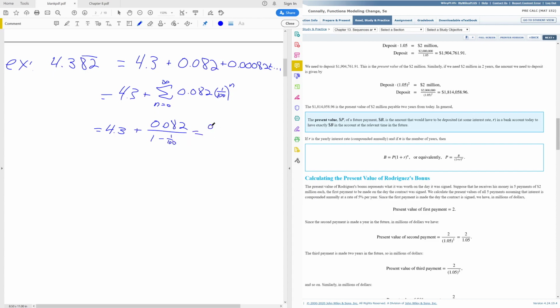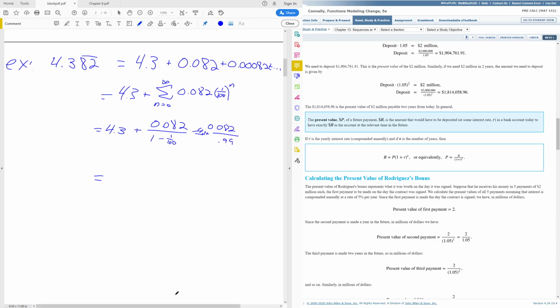And so that's 0.082 over 0.99, with a 4.3 in there, sorry. That 4.3 is still there in front. Okay, so now we can just divide this.